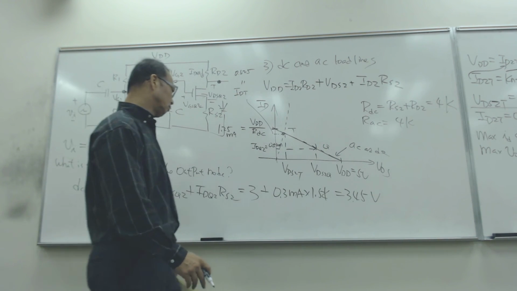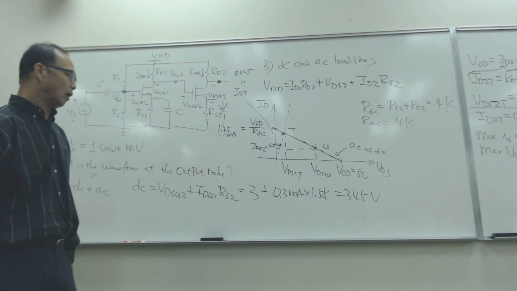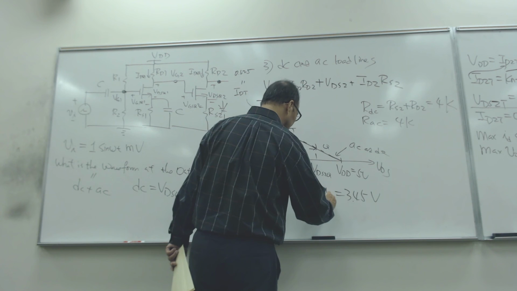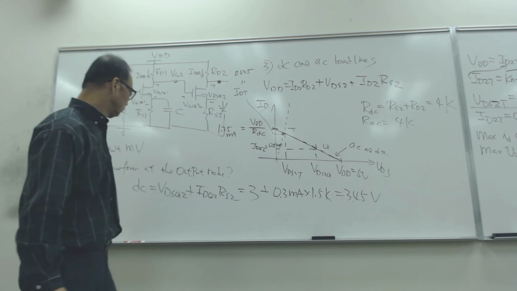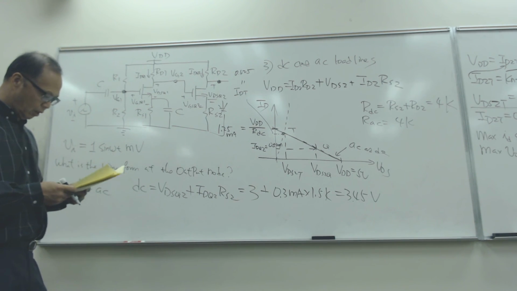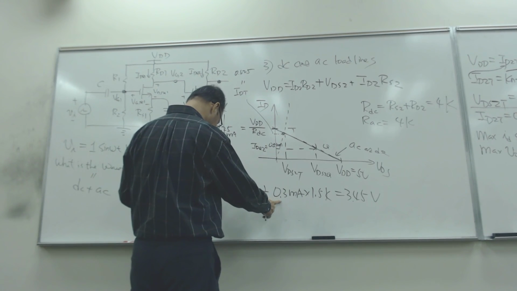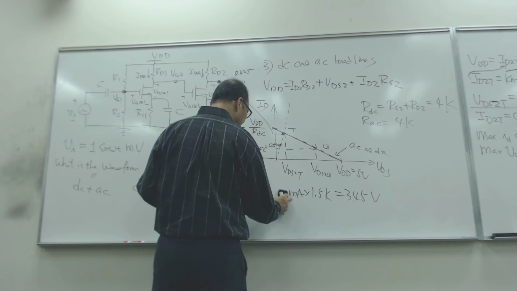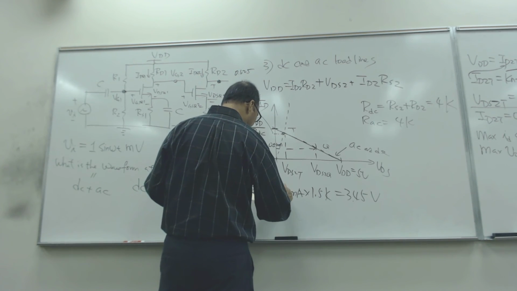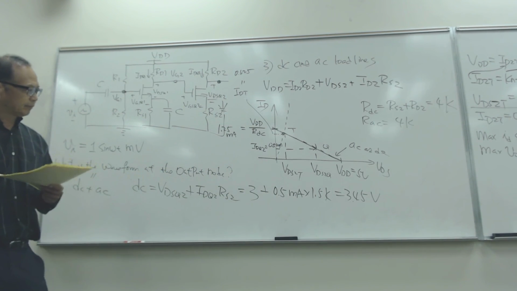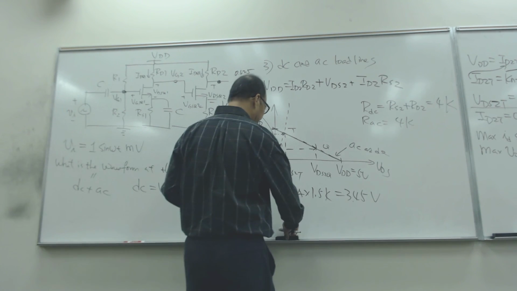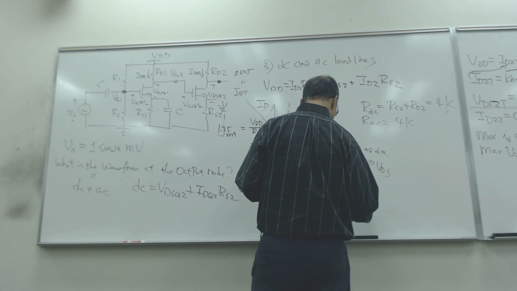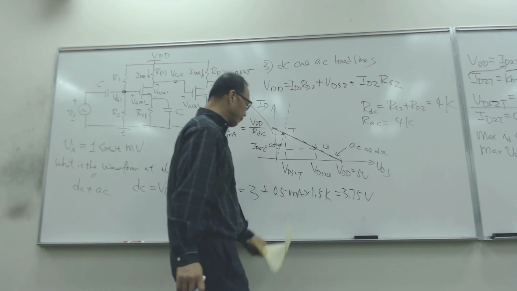Is it? You gave us IDQ2 is 0.5 milliamp. The numbers don't work out. Oh, that one was given as 0.5. Sorry. Okay, 0.5. So that becomes 3.75 volt. Correct?